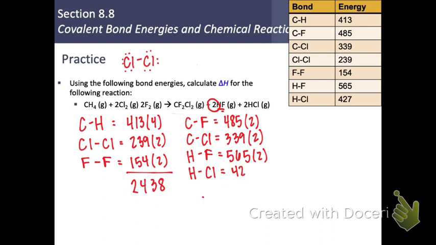And so that means I'm going to take 427 times 2. On the product side, tell me what we get there. Okay, yeah, that's what I got too. 2438 minus that answer gives me negative 1194 kilojoules.